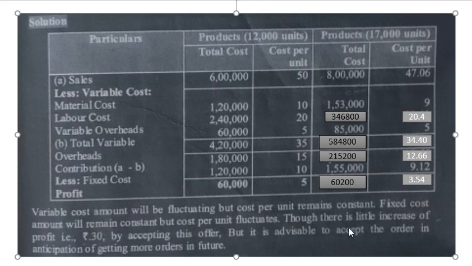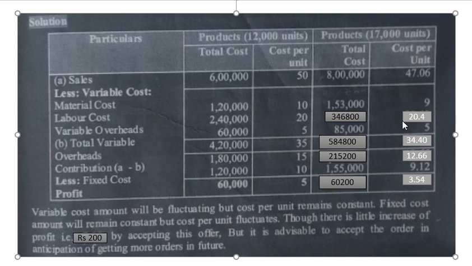Though there is only a little increase in profit, it is rupees 200, from 60,000 to 60,200. So there is a 200 difference by accepting this offer, but it is advisable to accept the order in anticipation of getting more orders in future, as this is only the initial order that has been received.